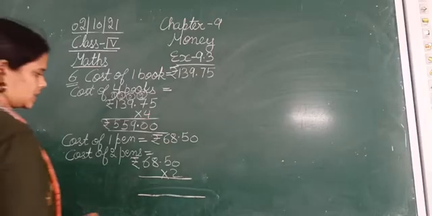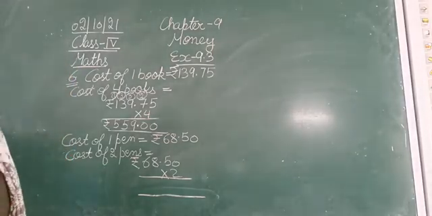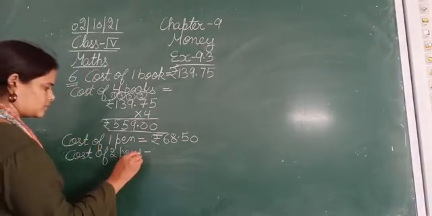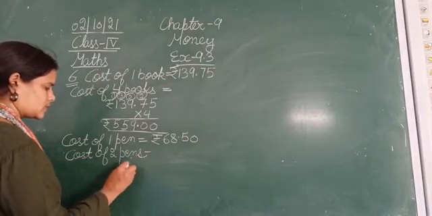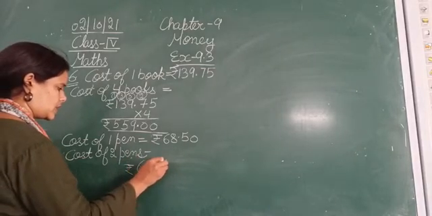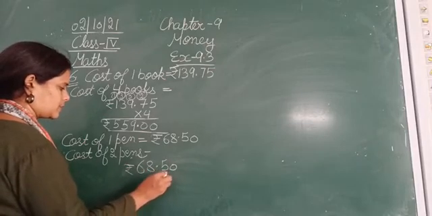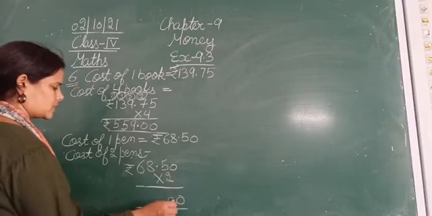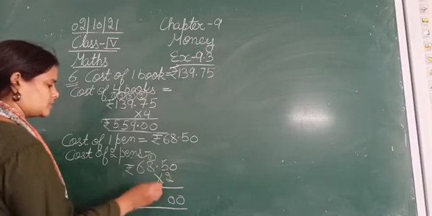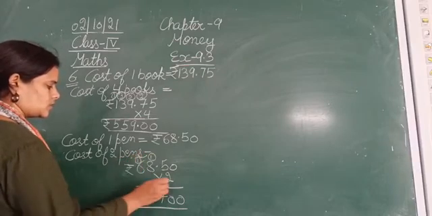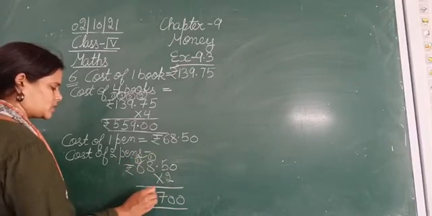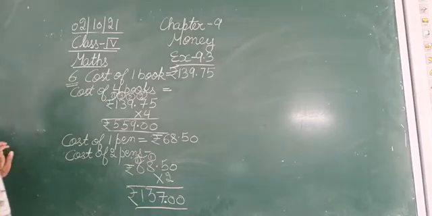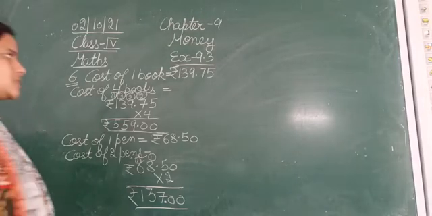Let's multiply and find the answer. 2 zeros are 0, 2 5s are 10, 2 8s are 16 plus 1, 17, 2 6s are 12 plus 1, 13. This is 137 rupees.